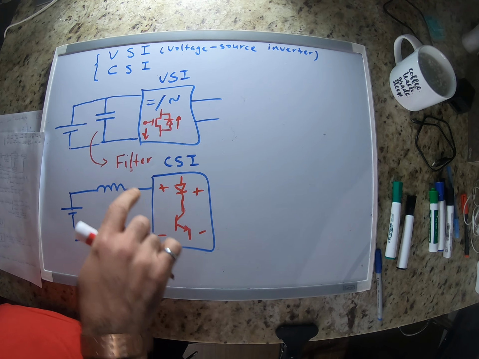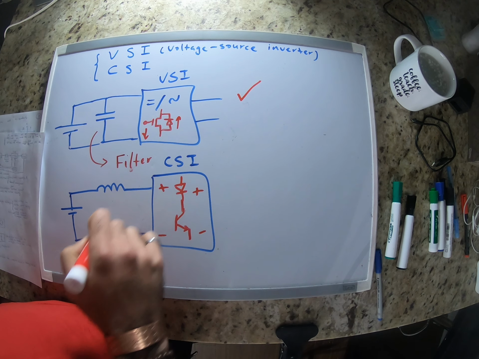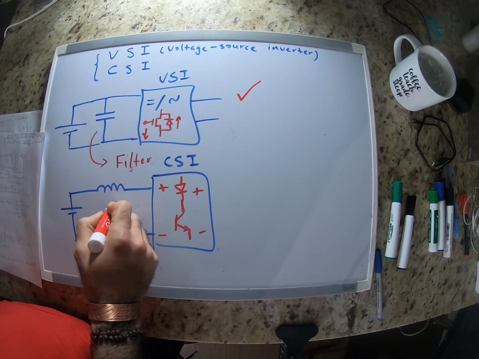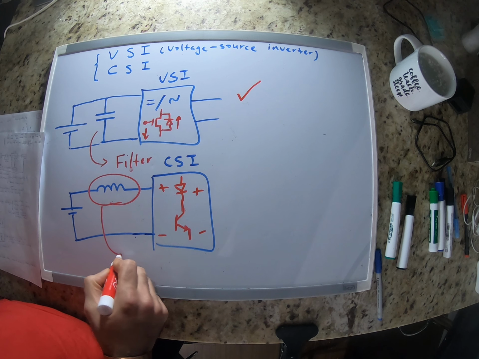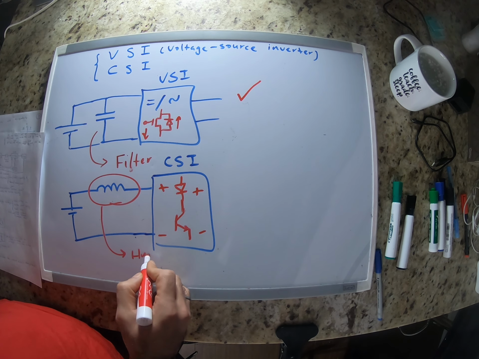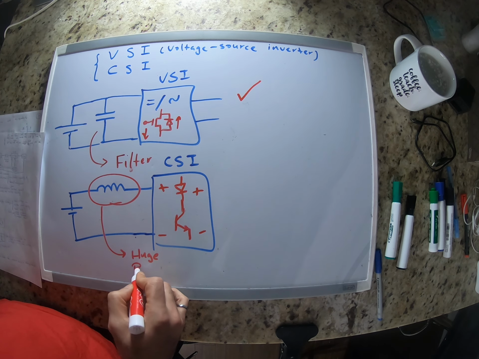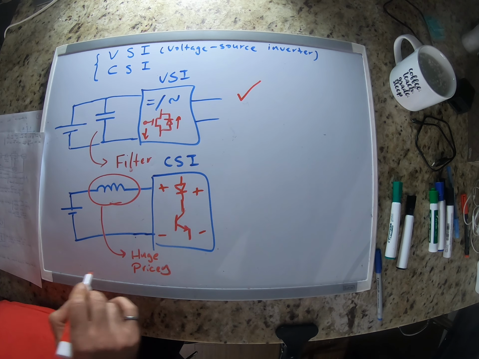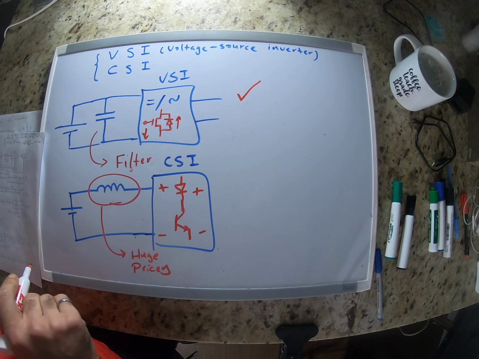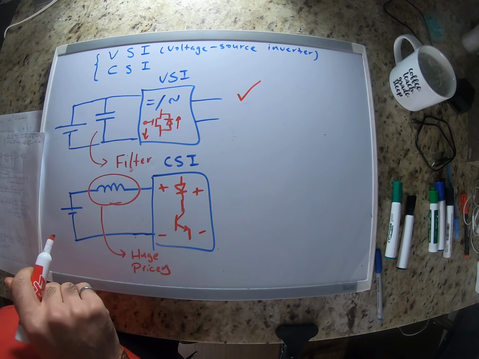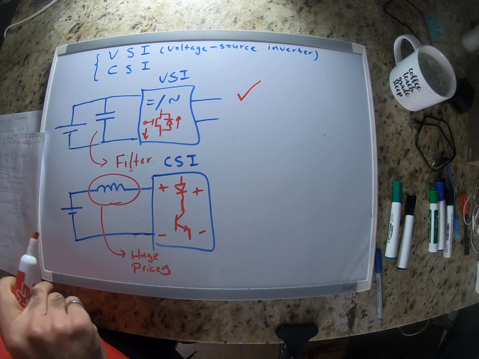In this course, we're only gonna focus on voltage source inverter. This inductor is usually very huge and it's usually very pricey. So that's one of the things that we should know about current source inverters.